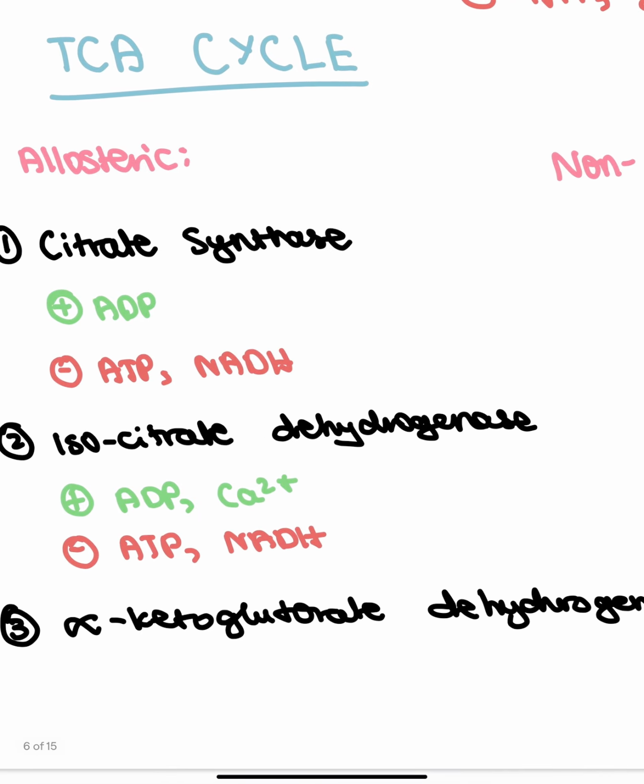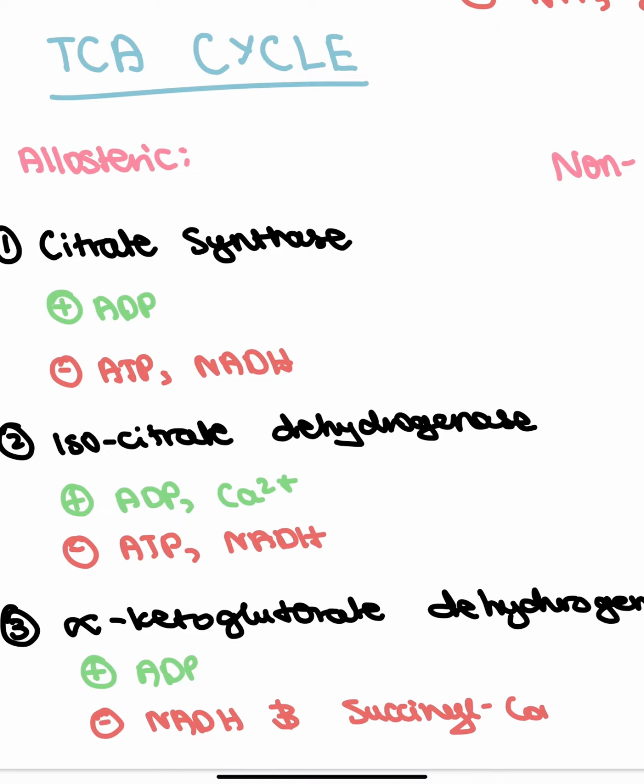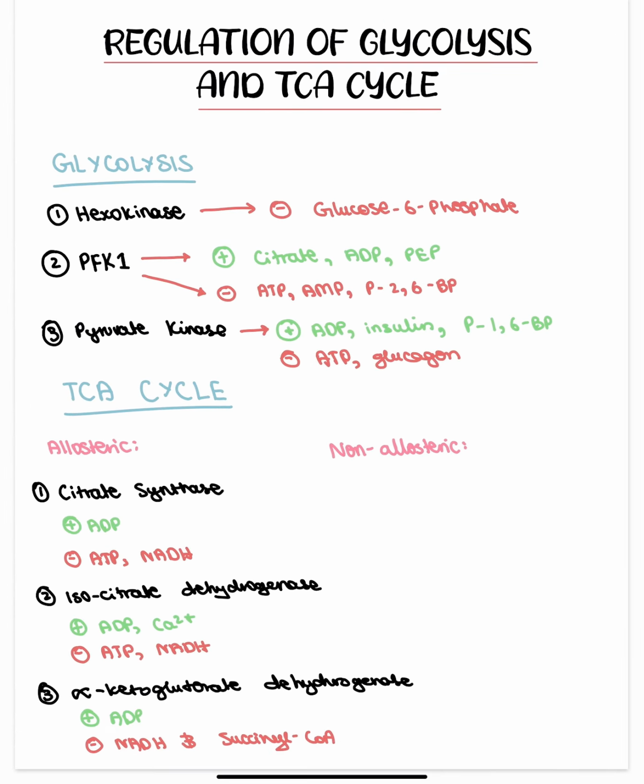This is stimulated by ADP, but it's inhibited by NADH and succinyl-CoA. So these are all your allosteric inhibitors.